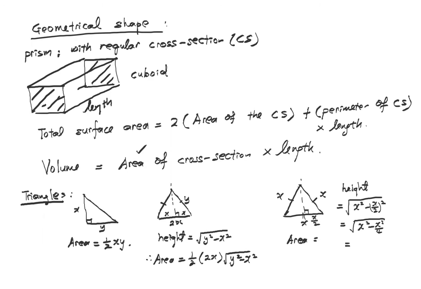So I have square root of 3X squared over 4. So this will be root 3 over 2 X. So this will be equal to half base times height. That is root 3 over 4 X squared. Okay.